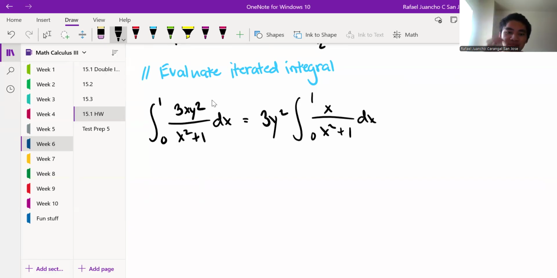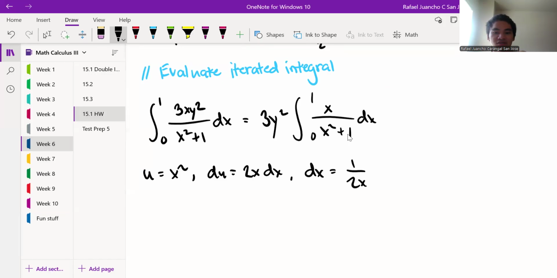Oh, look at that. Now what is this? x over x squared plus 1, right? And then what do we do here? I'm thinking of using a u sub maybe. Let's try, why not? Let's do a u sub, let's see what happens. Let's take u to be x squared. And so my derivative is 2x dx. And so my dx is 1 over 2x du.